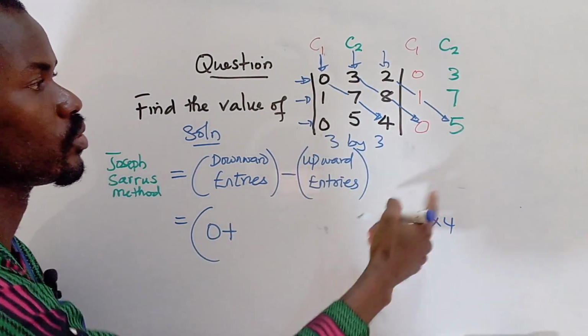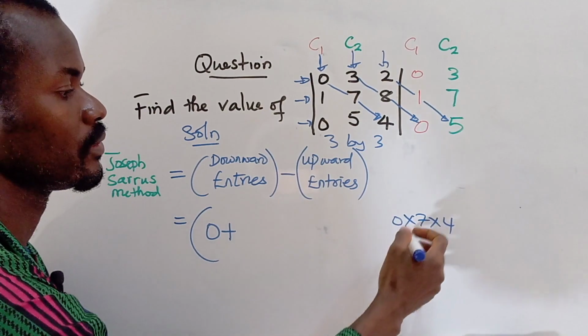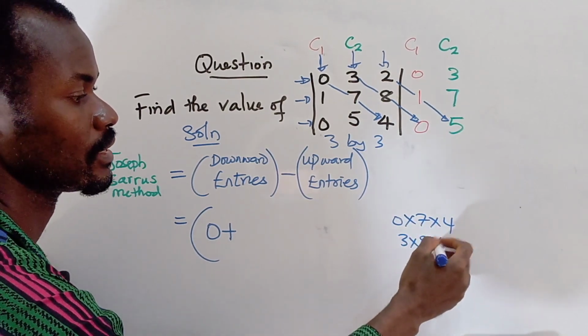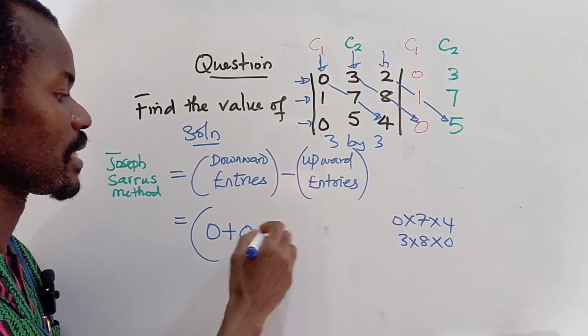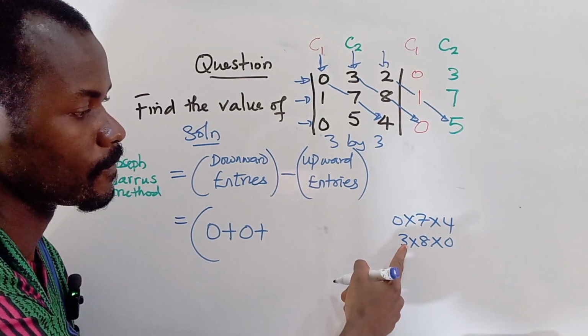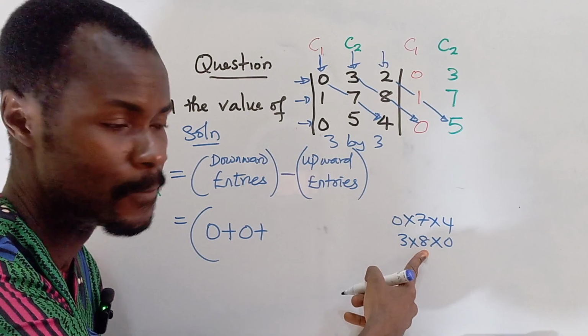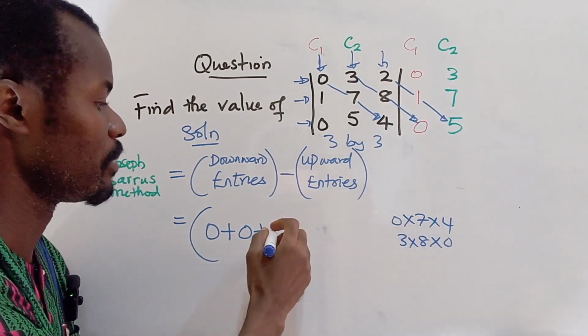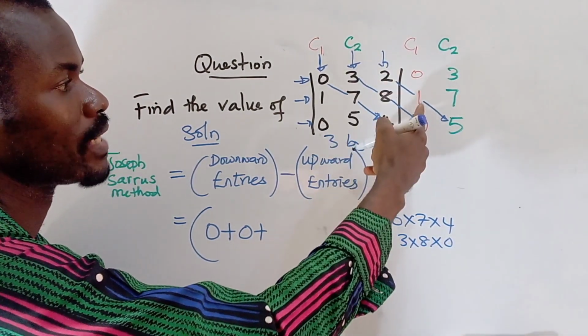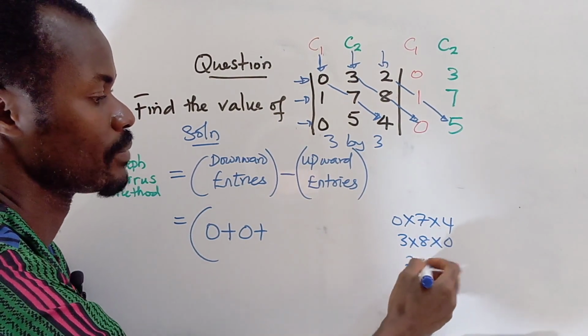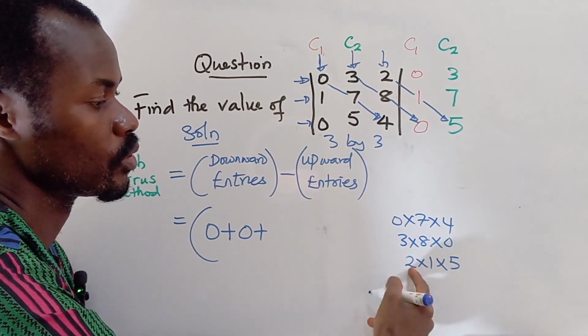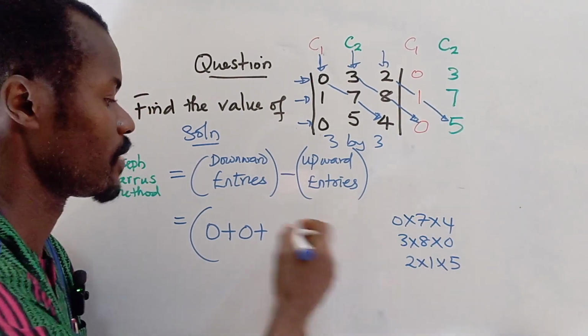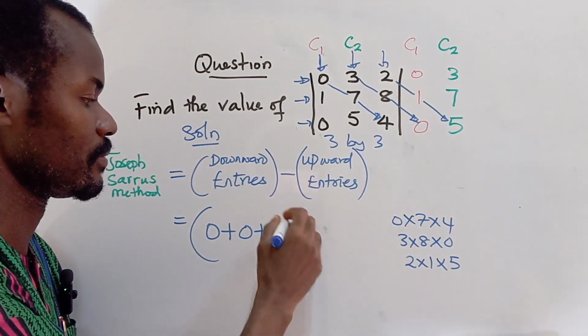Plus 3 times 8 times 0, that will give us another 0. Plus 2 times 1 times 5. 2 times 1 is 2, times 5 is 10.